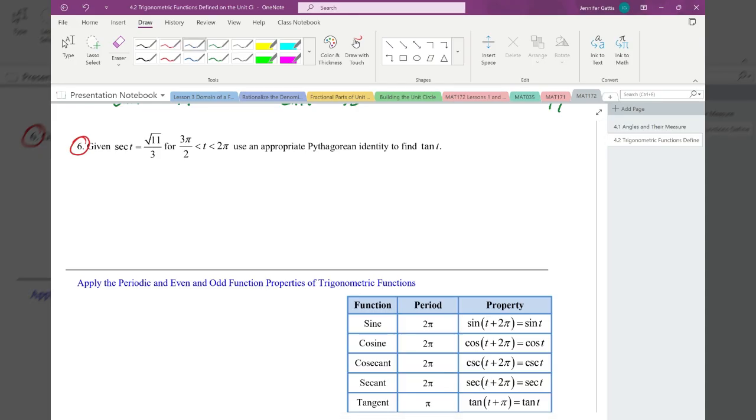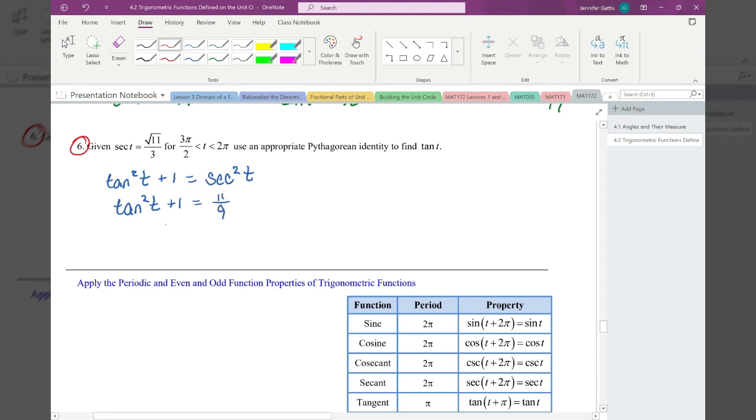So the Pythagorean identity that has tangent in it is the one that says tangent squared plus 1 is equal to secant squared. Well, if secant of t is the square root of 11 over 3, then secant squared is going to be 11 over 9. So we can say the tangent squared of t plus 1 is equal to 11 over 9.